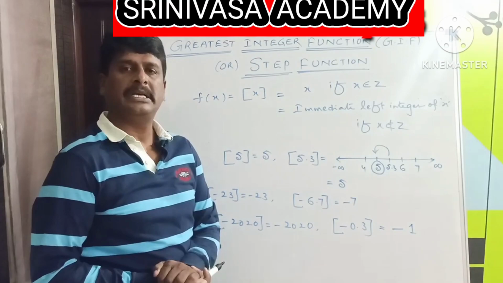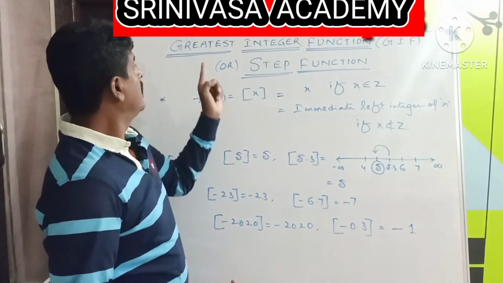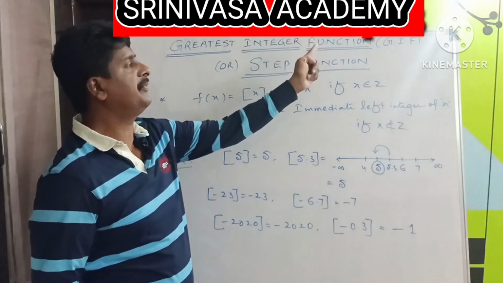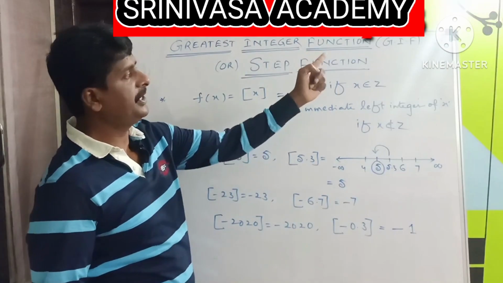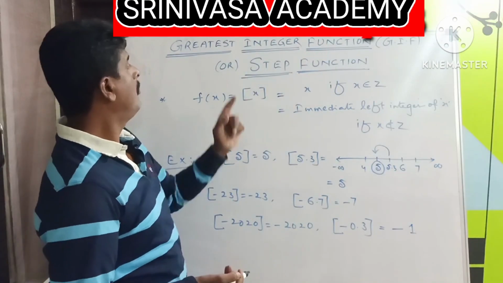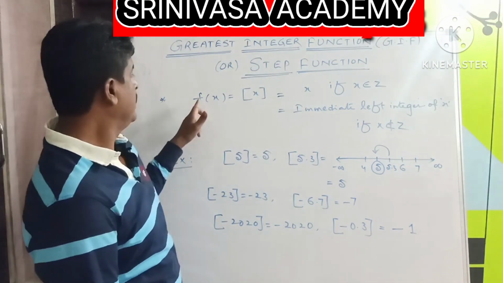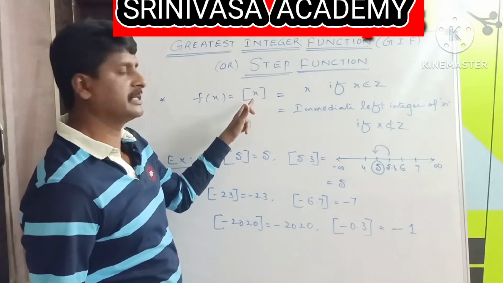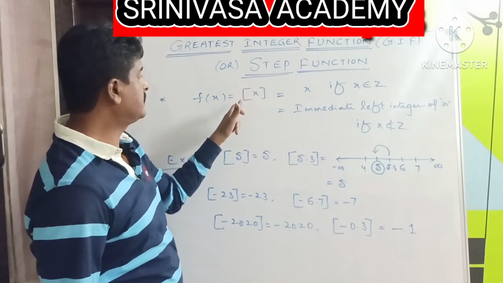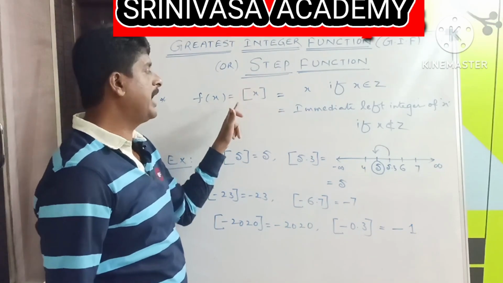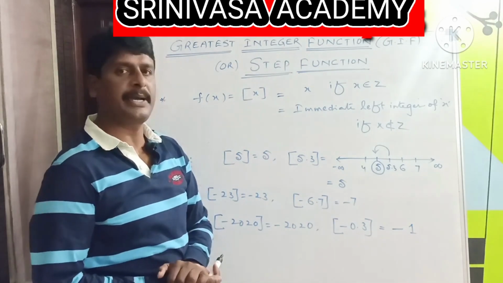See friends, our next function, greatest integer function, GIF, or step function. Okay, you see, a function f of x defined as step of x. The square bracket represents step.